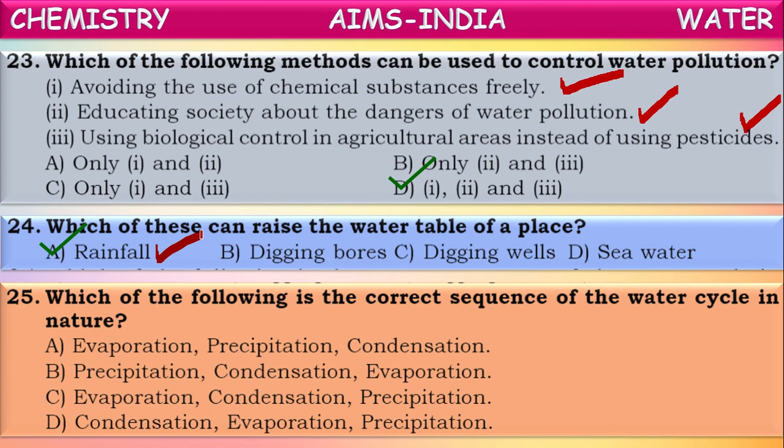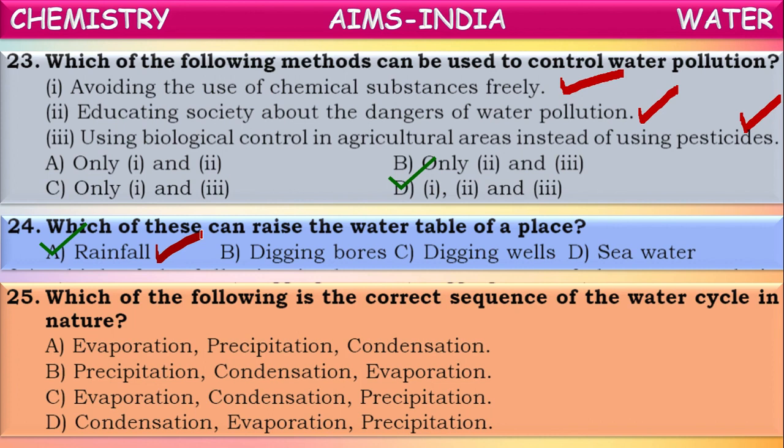See the next. Which of the following is the correct sequence of the water cycle in nature? So what is the water cycle? We told the process of conversion of one form of water into another form continuously by the action of nature is called the water cycle. There, water from the water bodies evaporates because of sunlight, and then this evaporated water vapor converts into clouds because of condensation. These clouds convert into rain by precipitation.